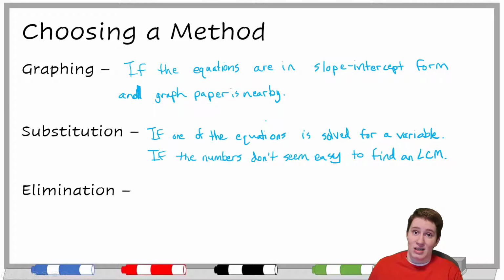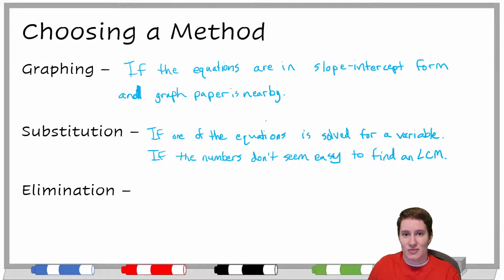I'm going to be honest. Elimination is my favorite of the methods. I think it's the one that works best the majority of the time, particularly if they're both in standard form, which is where you have x plus y equals a number. Then it's going to take work for us to set it up to do graphing or substitution that we could instead use to just multiply both equations if needed and eliminate.